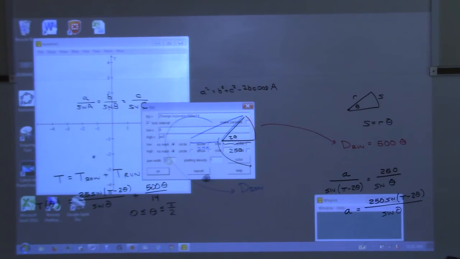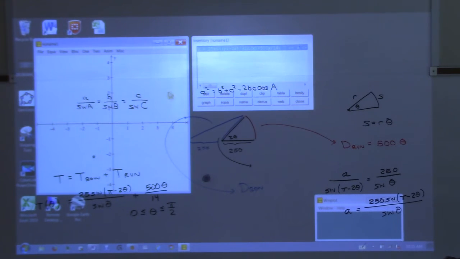And I'm going to graph this pretty thick. And I need to zoom out. Where is it? There it is. Whoa, way up there. Okay. So it looks like I need to adjust this window.